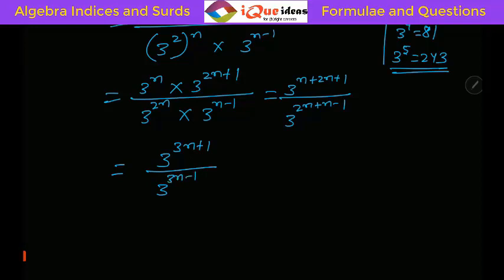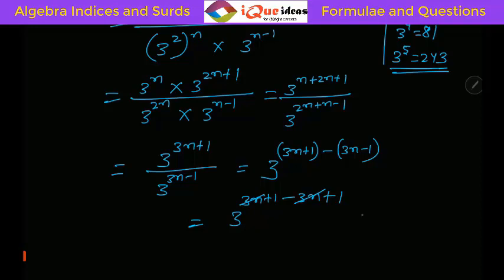So this is 3 to the power, when we take the denominator and numerator, the power gets subtracted. So 3n plus 1 minus (3n minus 1). If you open the bracket, it will be 3 to the power 3n plus 1 minus 3n plus 1. So 3n and 3n get cancelled. Be careful about the sign. So it is 3 square, which is 9. So the final answer of this question is 9.